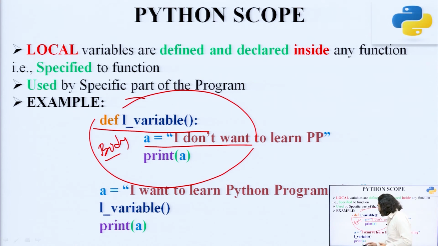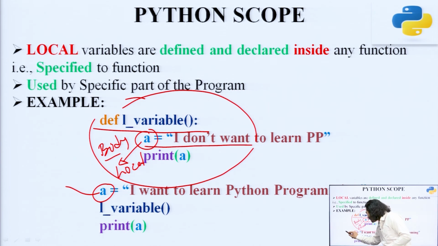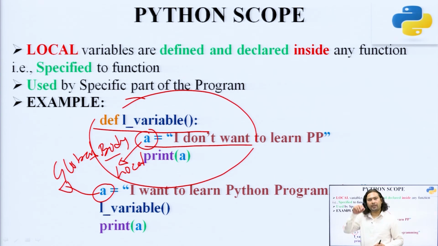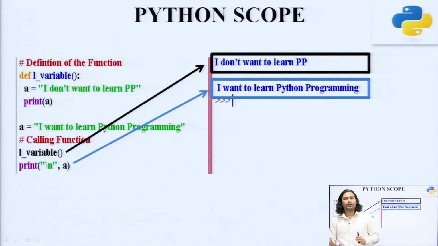So, here you can see that A is local to this function, and due to this the variable is treated as local. But since the other A is outside, it is treated as global. It does not mean that the variables cannot have the same name. Both the variables have the same name, but they are differentiated based on the scope, that is one is local, the second one is global. Now, look at this one.